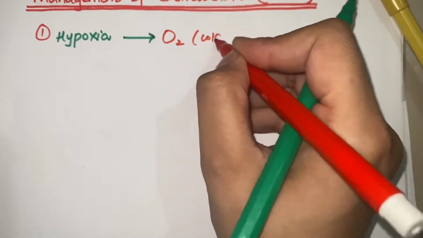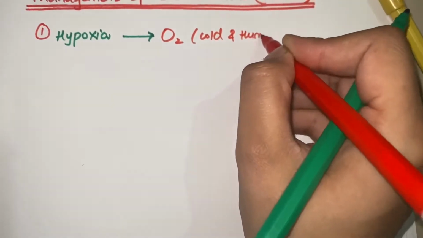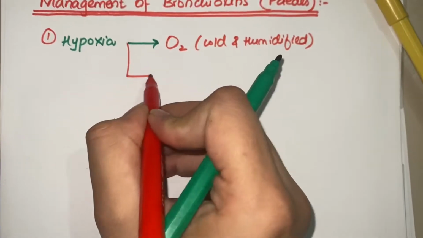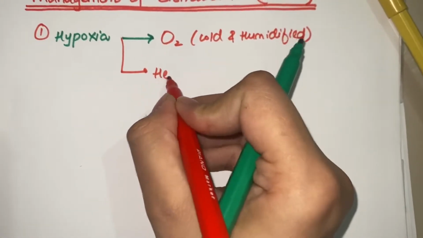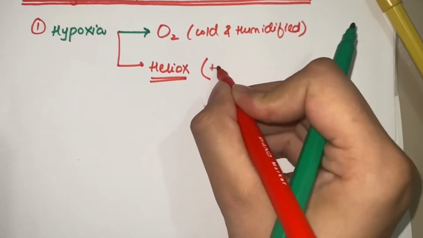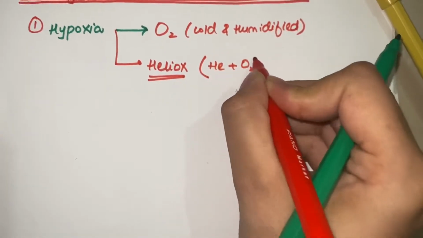Second, this hypoxia is managed by giving heliox. Now, what is this heliox? It is basically a combination of helium and oxygen.